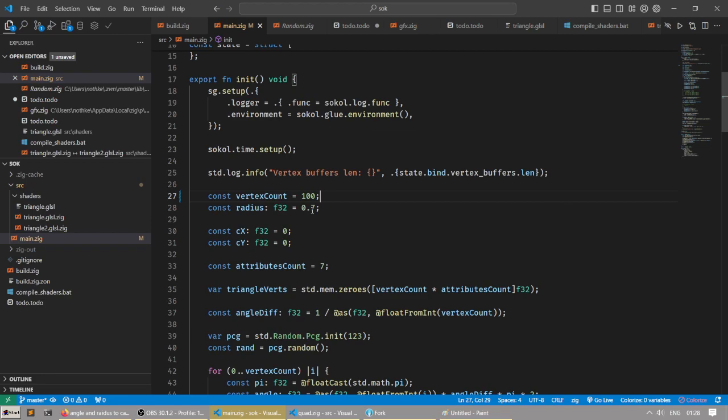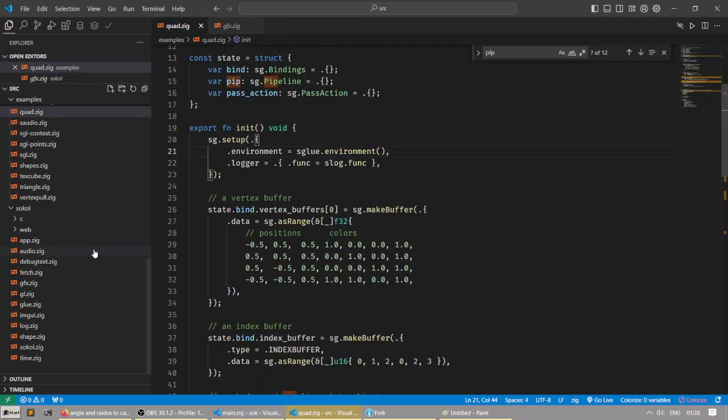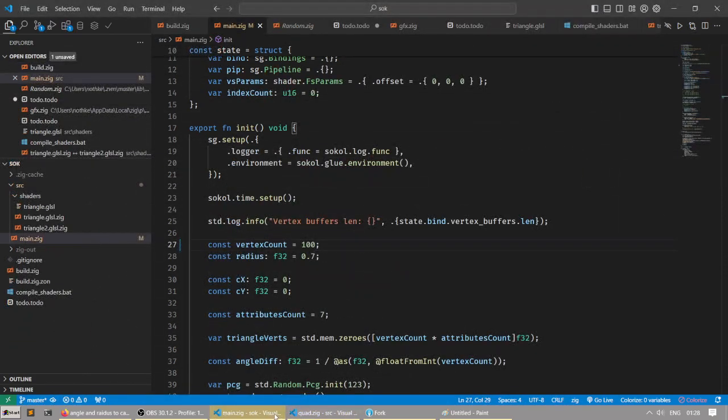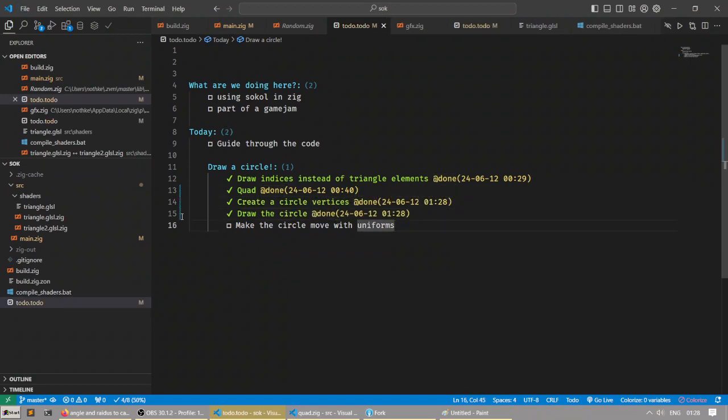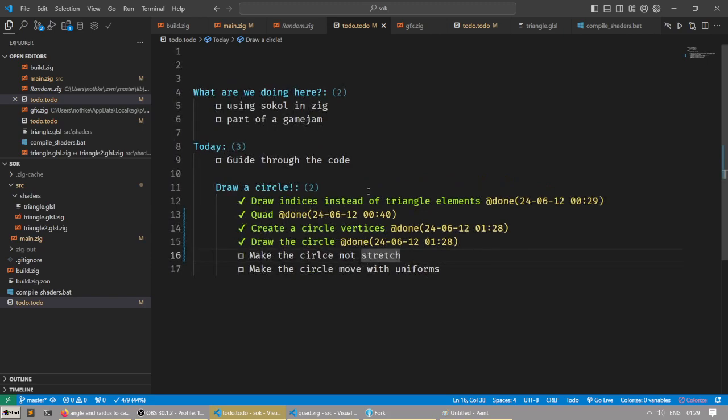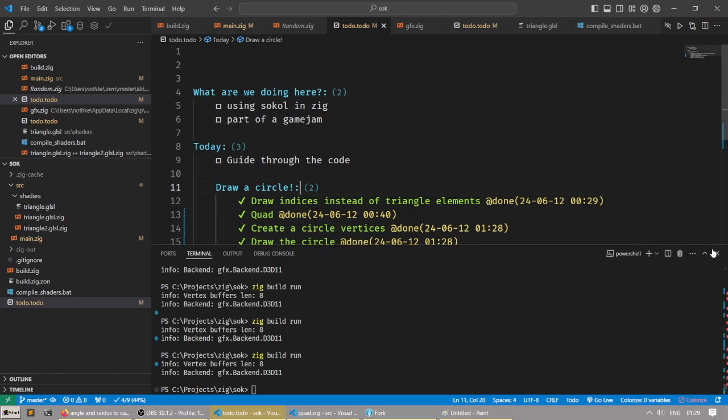Yeah, well, we have basically finished. I did say that I wanted to make it move. Create a circle vertices, done. Draw the circle, done. Make the circle move with uniforms. But let's actually make the circle not stretch, meaning not with the size of the window.